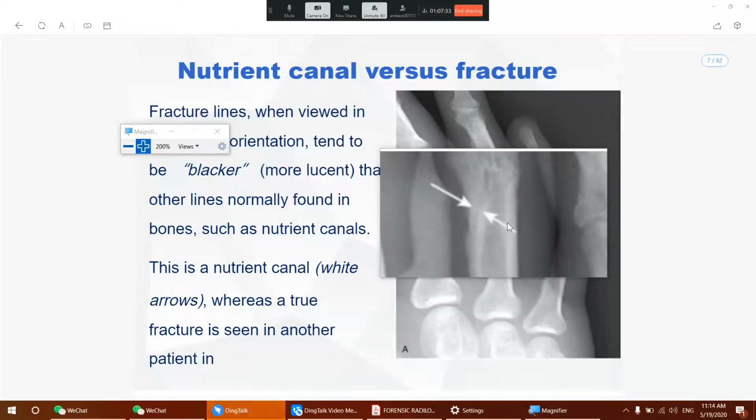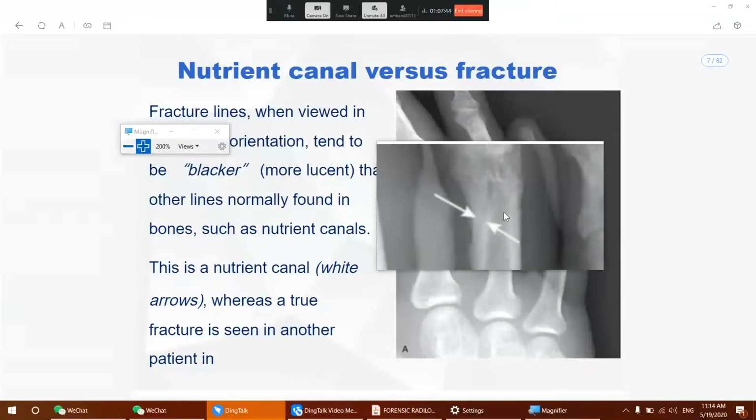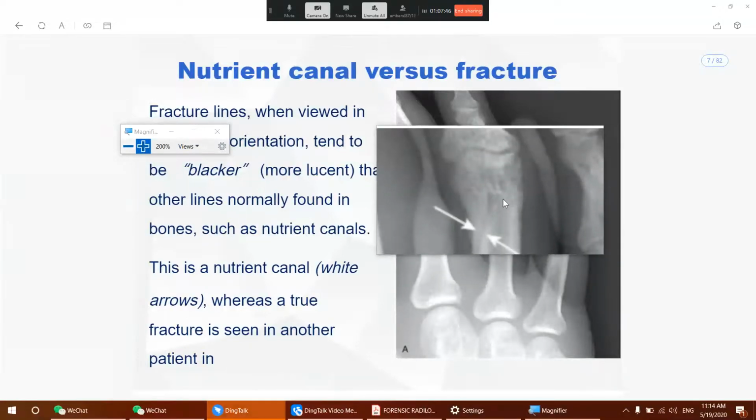You look at this one, you see here there is a very black line. There is a hyperlucent line extending from the upper, let us say distal metaphysis, and coming down into the mid diaphysis.